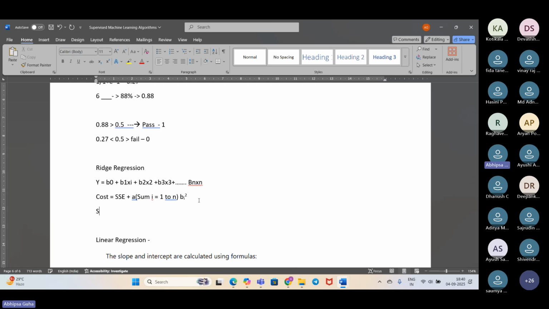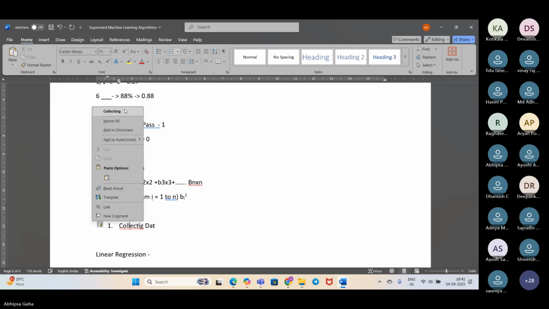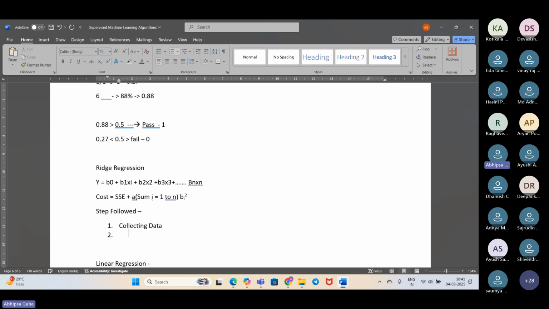So we'll just type it down: steps followed. The very first step that we will consider is collecting data.